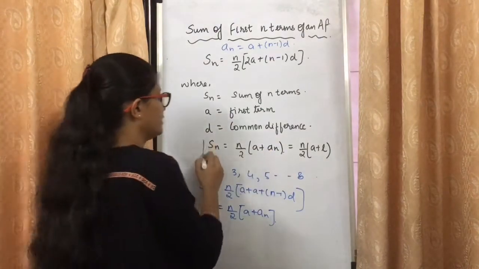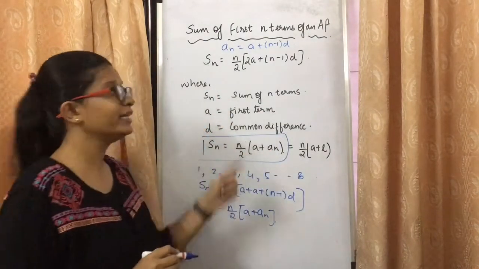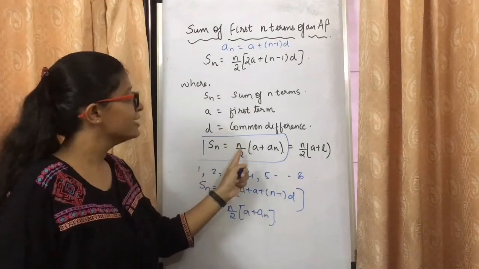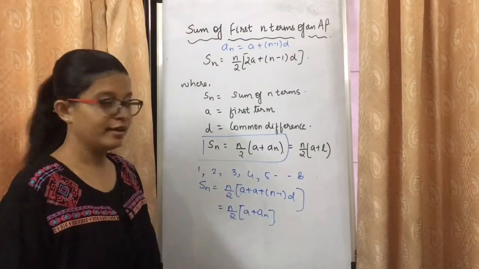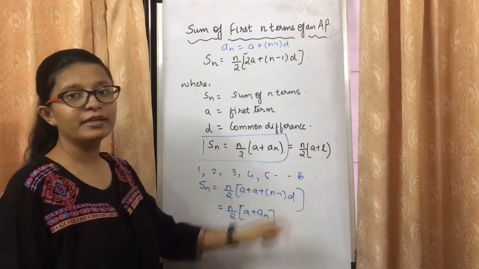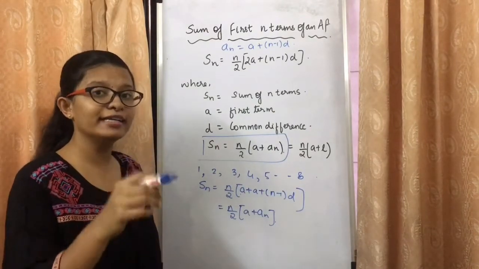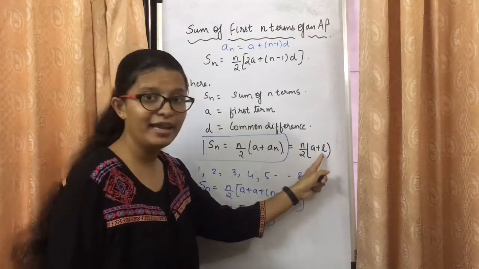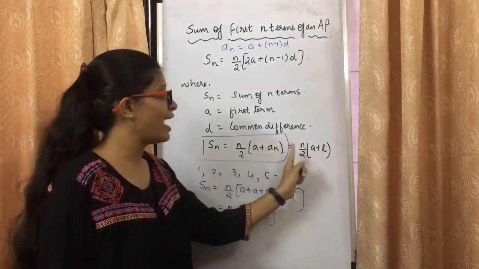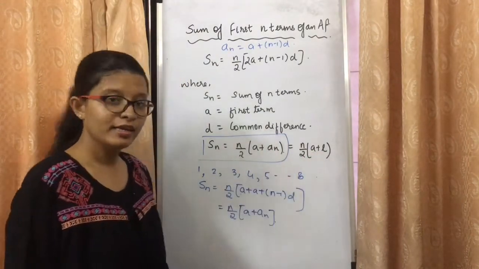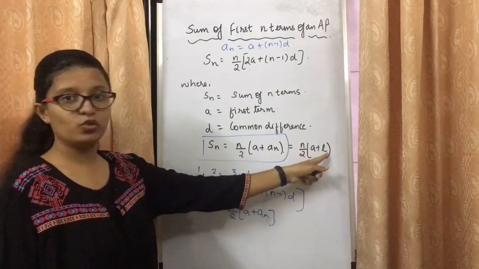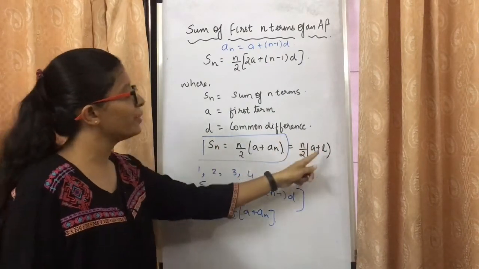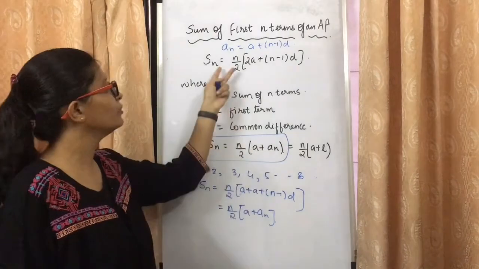So this is the second way we can write the same formula of Sn, as n by 2 into (a plus an). Now we know that an is the specific term, the nth term. So this is nothing but the last term. If I call that L, I can also write Sn as n by 2 into (a plus L). These are the forms we can derive from the given formula.